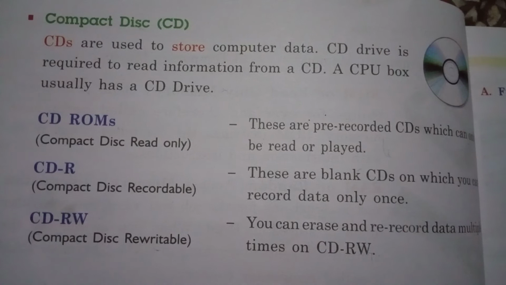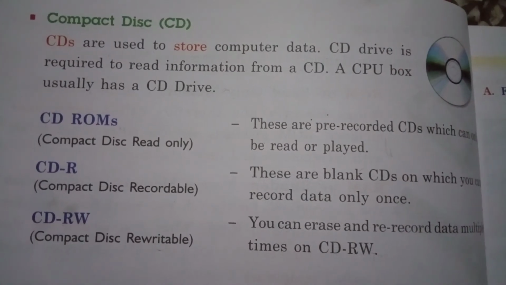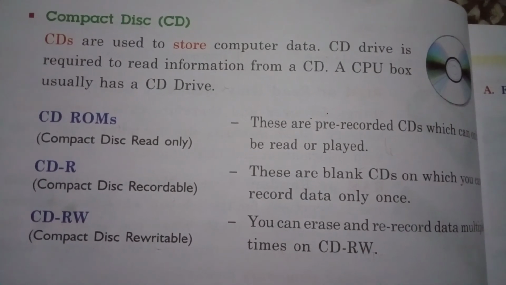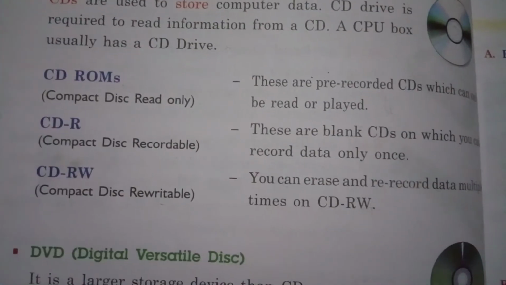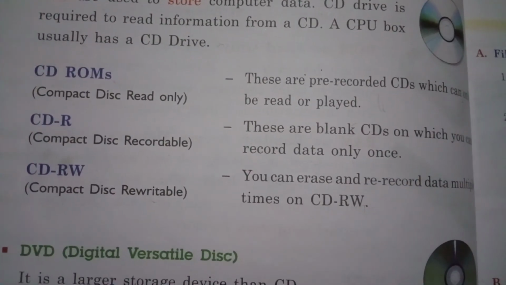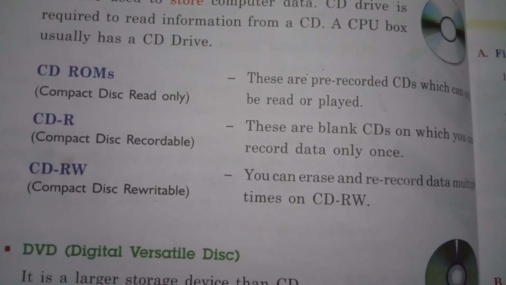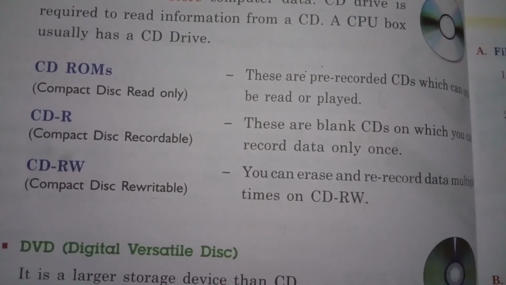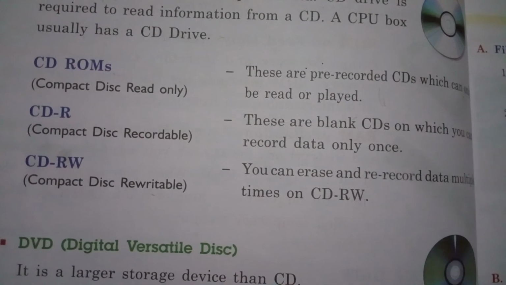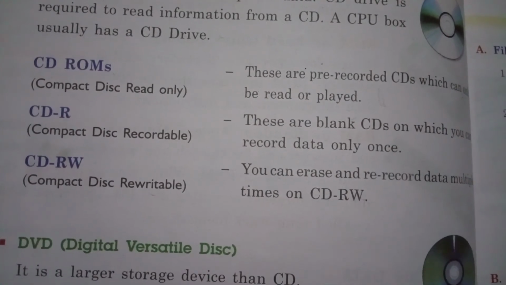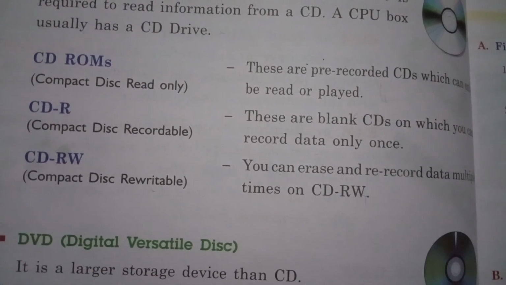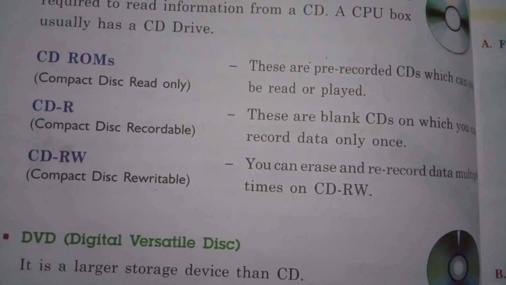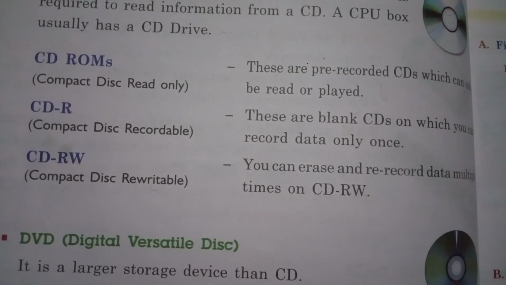CDs are also of three types: CD-ROM, CD-R, and CD-RW. CD-ROM means compact disc read only. These are pre-recorded CDs which can only be read or played, just like when you purchase a picture CD or a song CD.